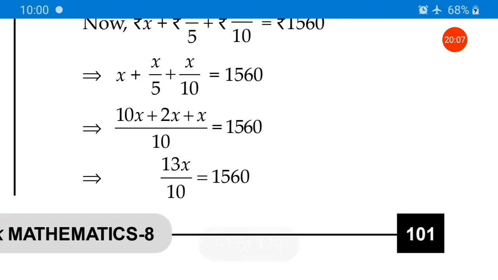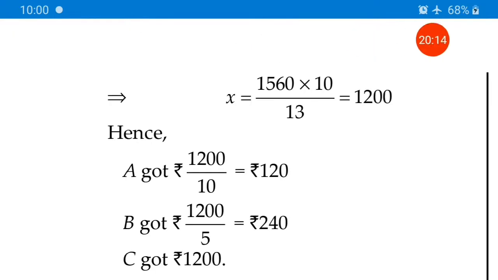So the total, 13x upon 10 is equal to 1,560. So the x value is 1,560 into 10 divided by 13. So it is 1,200.